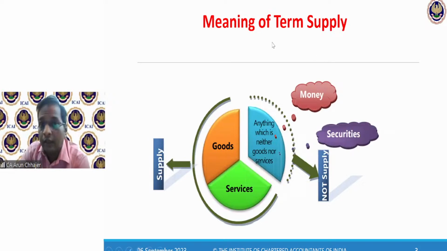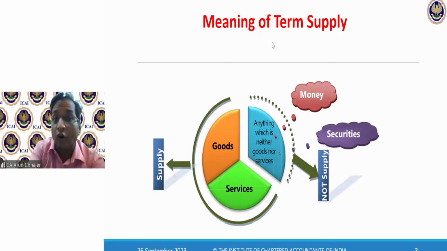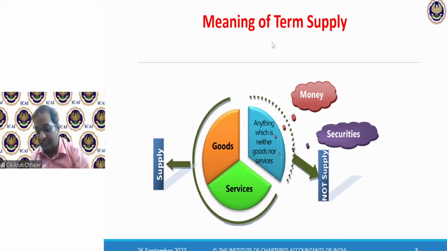It means if my transaction is neither goods nor services, will you levy the tax? Answer would be no. You can't levy the tax, because what is the taxable event? Taxable event is supply of goods or services or both. It should be goods, it should be services, then only we can levy the GST.